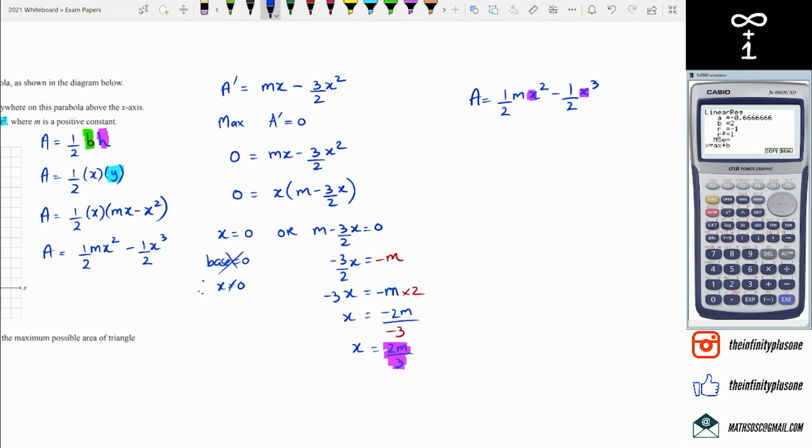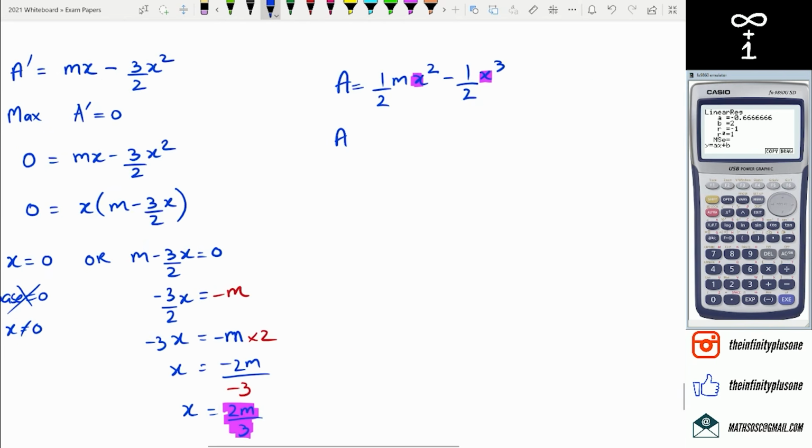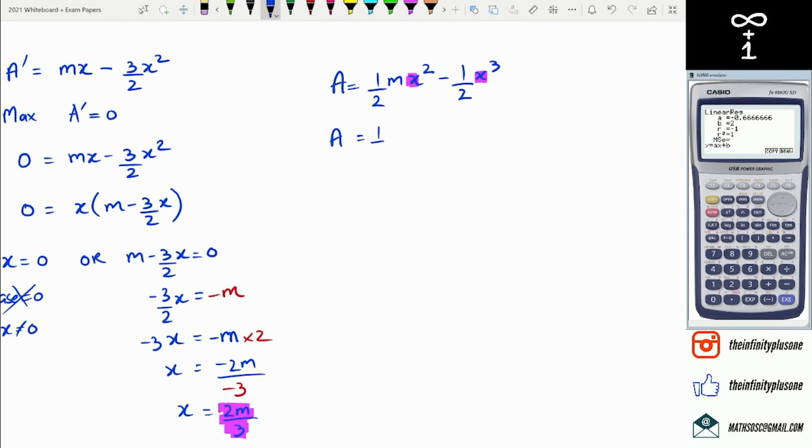So what we get here is area equals half times m multiplied by (2m over 3) squared, minus half times (2m over 3) cubed.